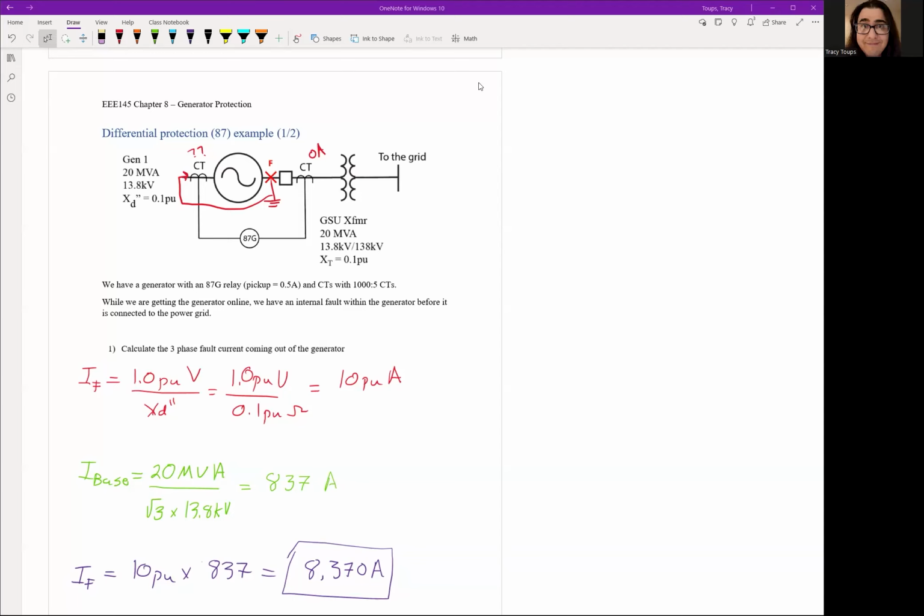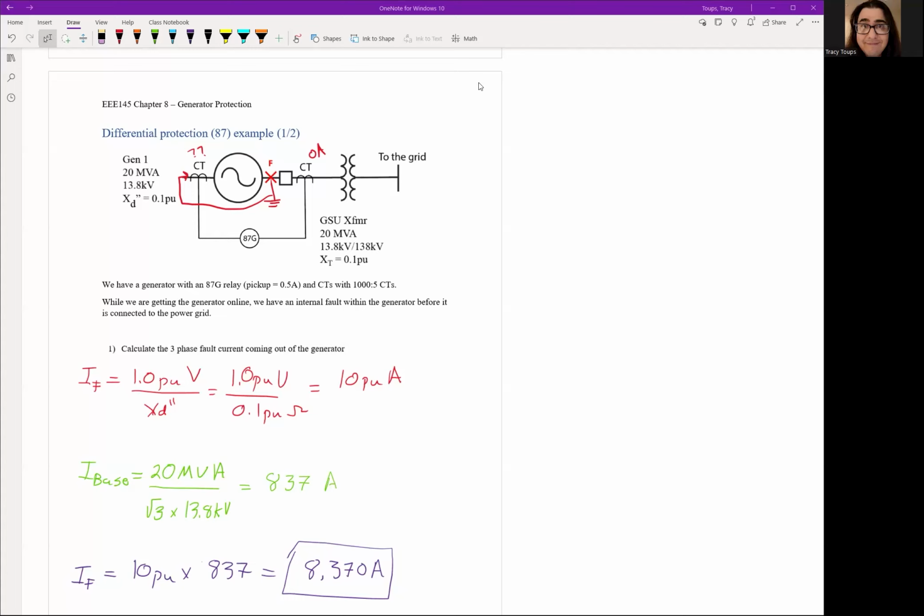The only thing stopping this fault from going to infinite current is the impedance of the generator itself, which is our XD double prime. So I equals V over fault impedance. Here we have 1.0 per unit voltage divided by XD double prime, which is 0.1 per unit ohm, so we have 10 per unit amps.